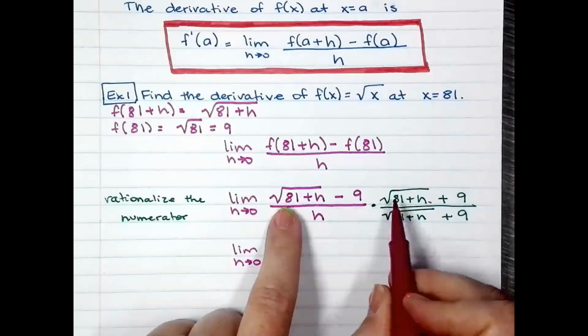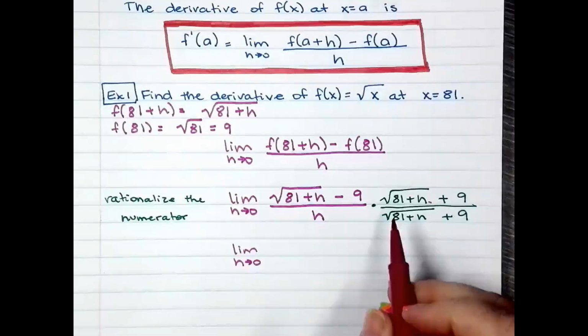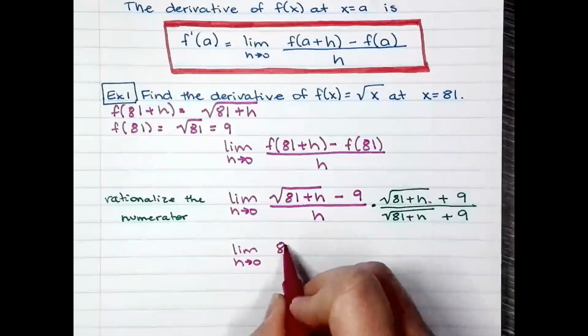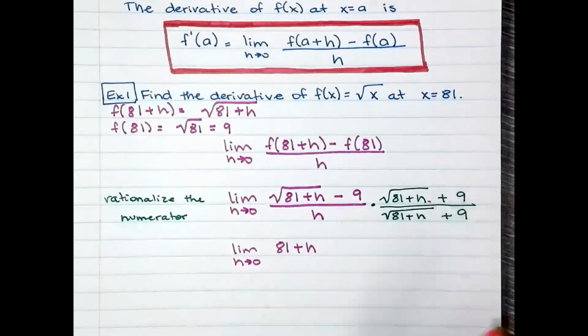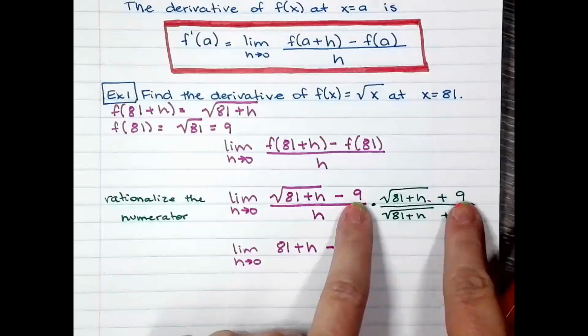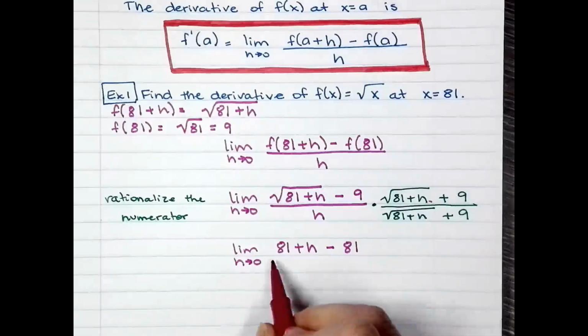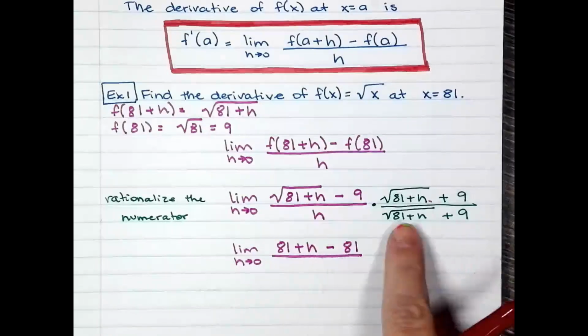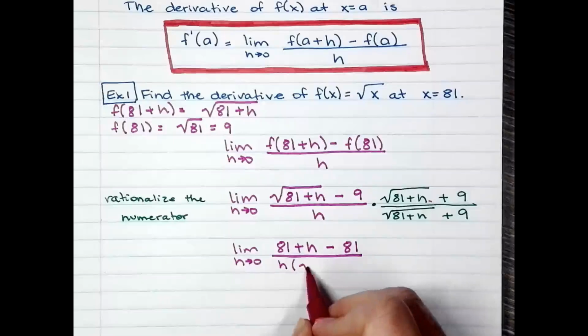So when you're multiplying the square root times the square root, it's going to be the squared, so the square root simply simplifies down to 81 plus h. Now multiply that, you have a negative. Multiply that, you have 81. Okay. Now the denominator, you're just going to leave that in terms of h.